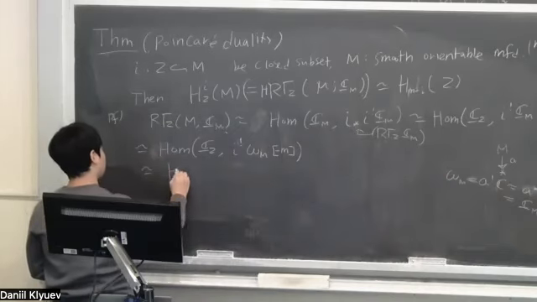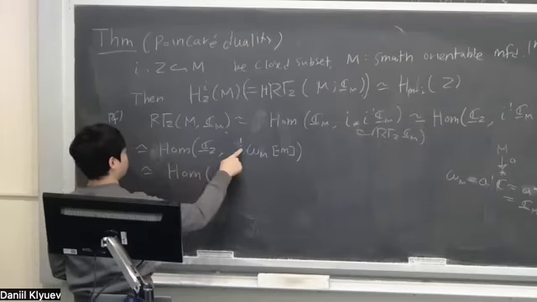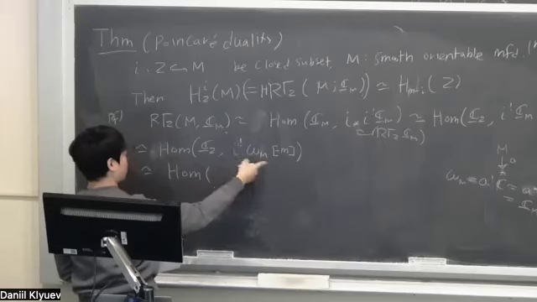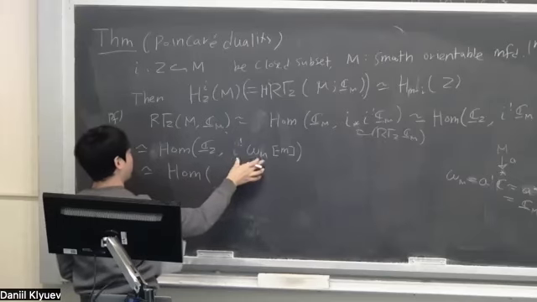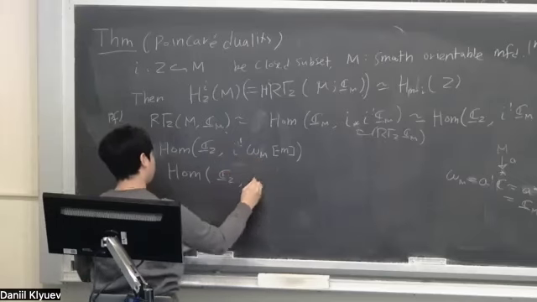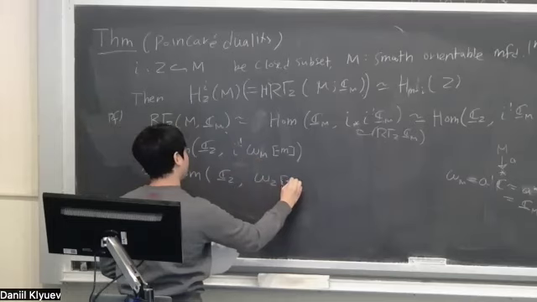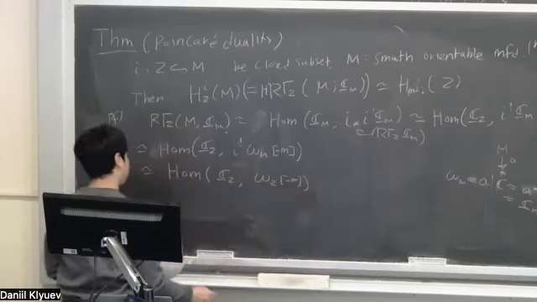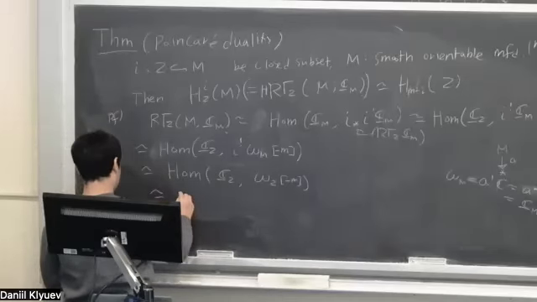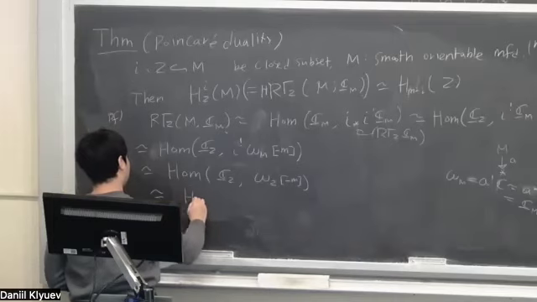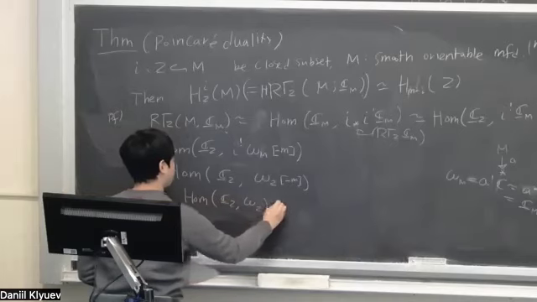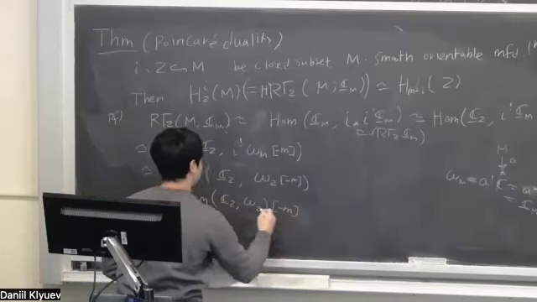So we can just use the upper shriek. Omega_M is defined by upper shriek of the constant sheaf, so it just commutes with i upper shriek. And we get Hom of C_Z, omega_Z shifted by minus m.